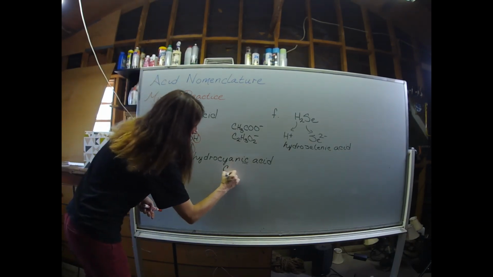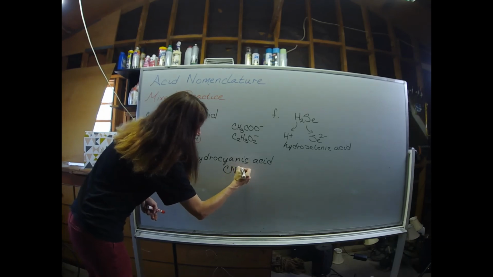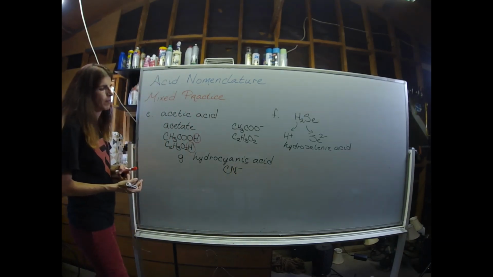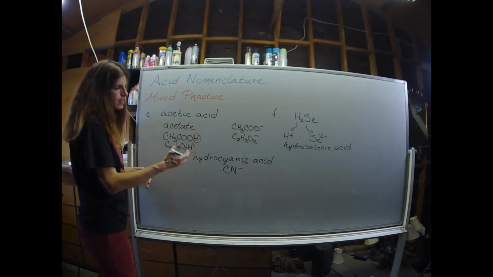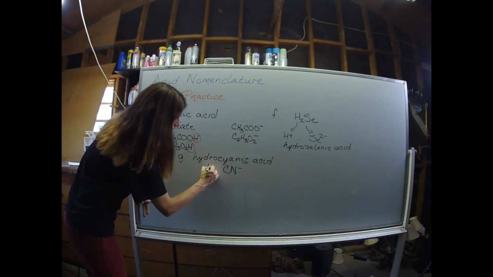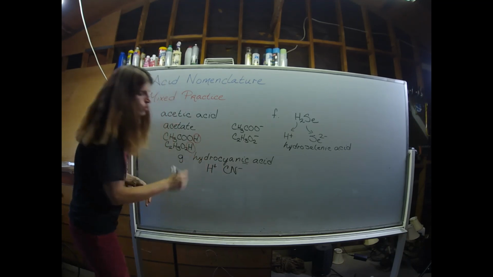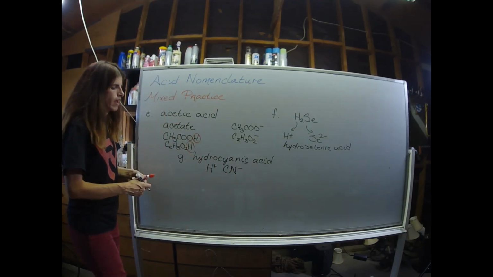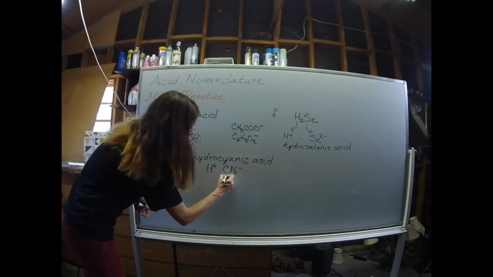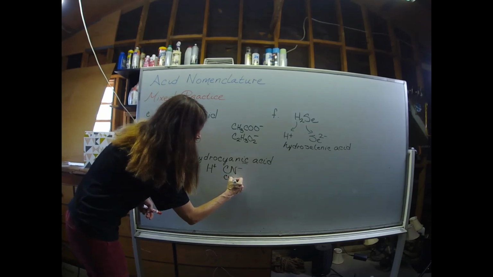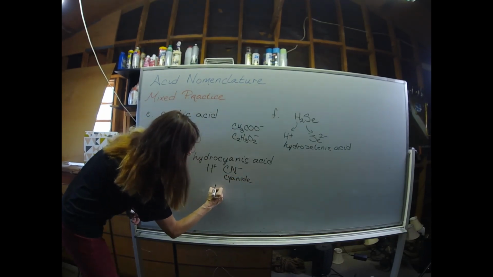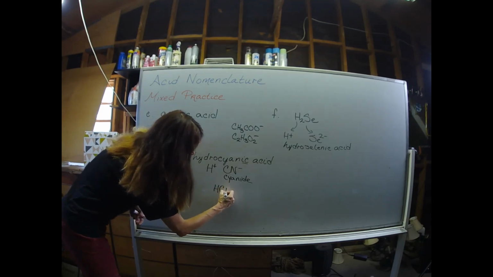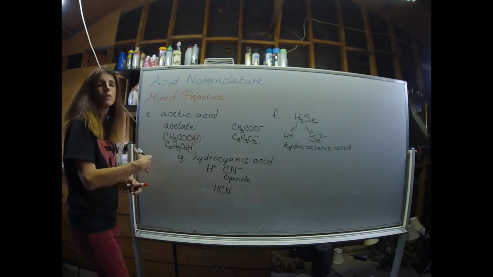And cyanide is CN-. It's one of our polyatomic ions. So hydrocyanic acid, not an oxyacid, and it follows the rules for our binary acids. So we're going to crisscross H+ with cyanide, CN-, and the formula for hydrocyanic acid will be HCN.